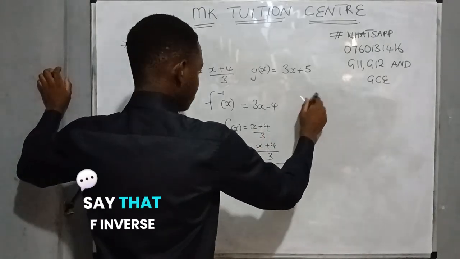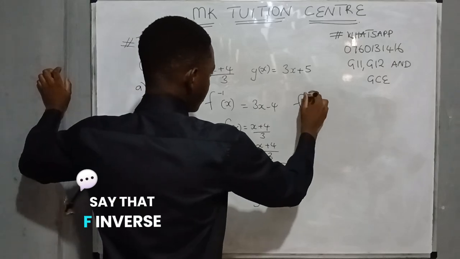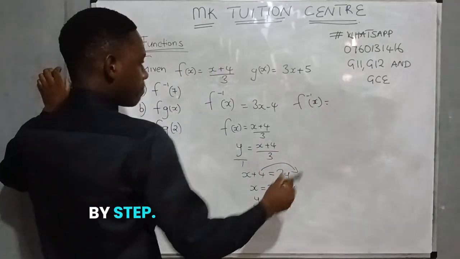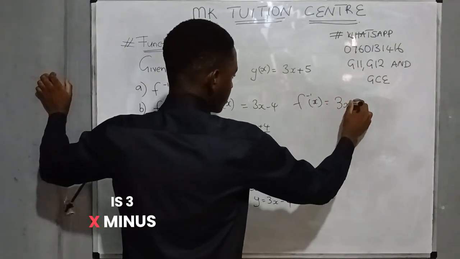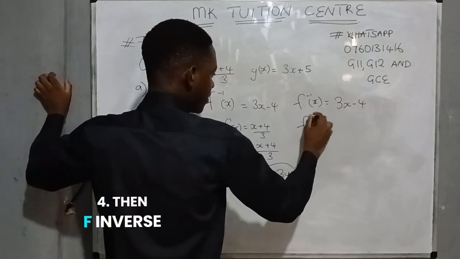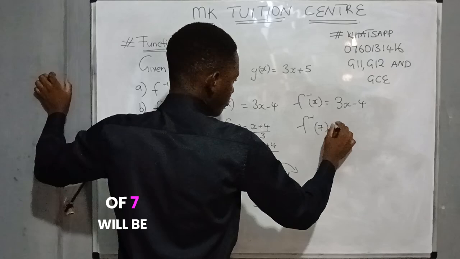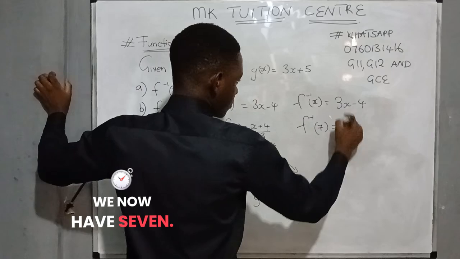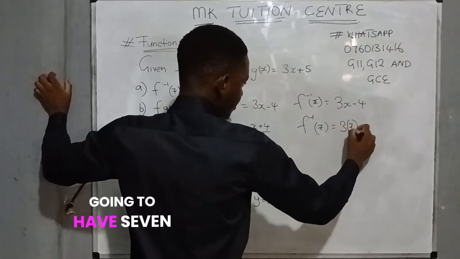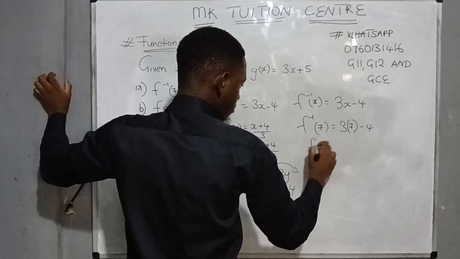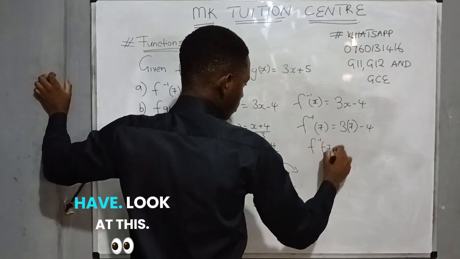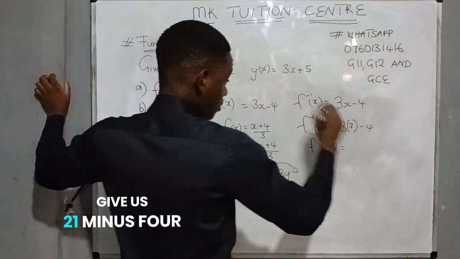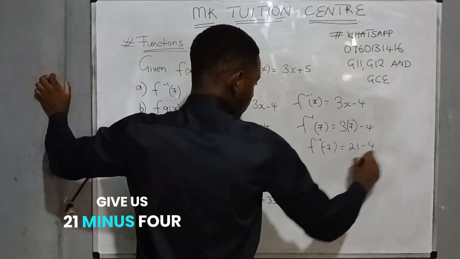We're going to say that f inverse of x, let's just do it step by step, is 3x minus 4. Then f inverse of 7 will be equal to, wherever there was x, we now have 7. So we're going to have 3 times 7 will give us 21 minus 4.